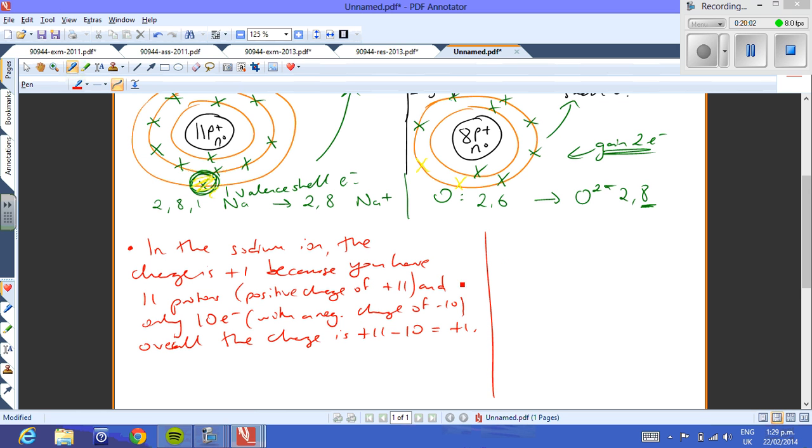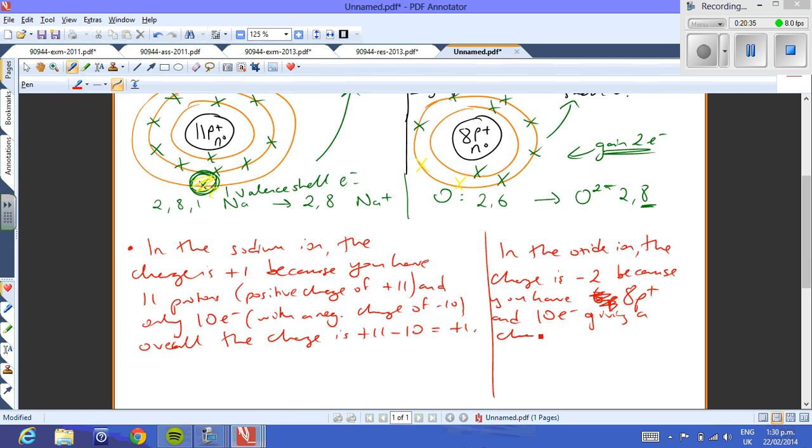And then for oxygen, in the oxide ion, the charge is -2 because you have 8 protons with a positive charge, and 10 electrons, giving a charge difference of -2.